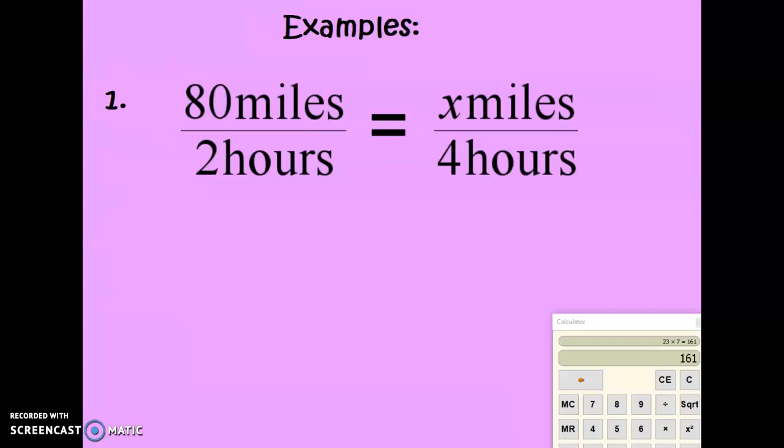Okay, so here's our first example. 80 miles in 2 hours is equal to how many miles per 4? I know that I can multiply 2 times 2 to get 4. Whatever I do to my denominator, I then have to do to my numerator. So 80 times 2 gives me 160 miles. Okay, have to do the same thing to both.